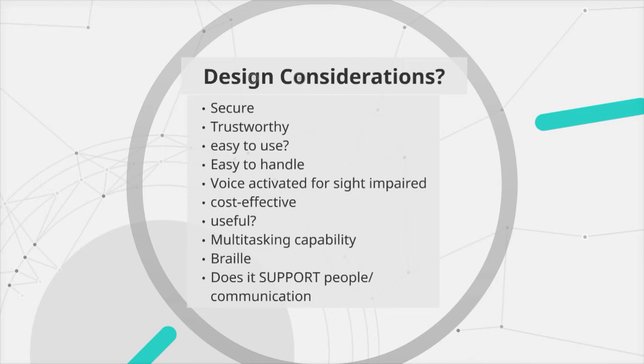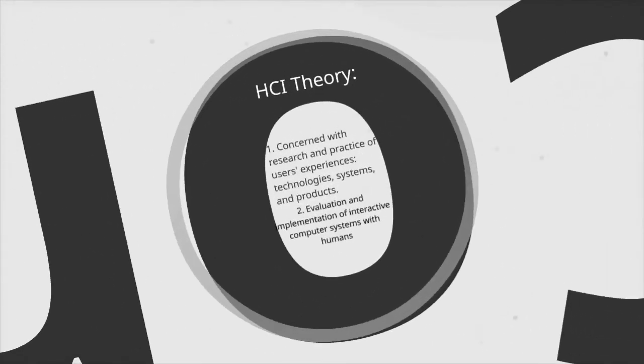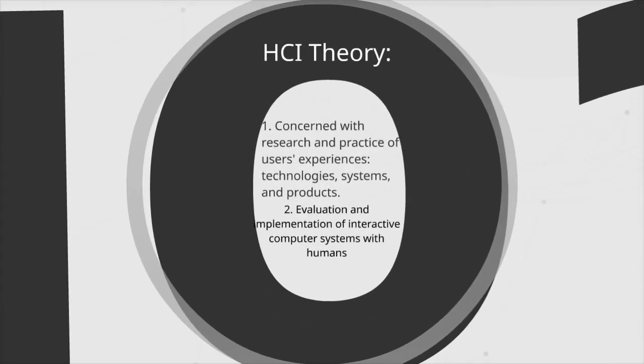A lot of these are considerations that seem simple, but we really have to think about them when we get into HCI theory. Human-computer interaction theory is all concerned about the research and the practice of user experiences, how they interact with technology, systems, and the products we design.